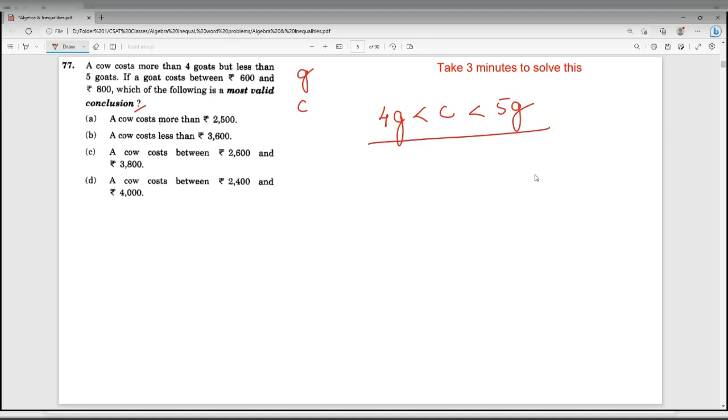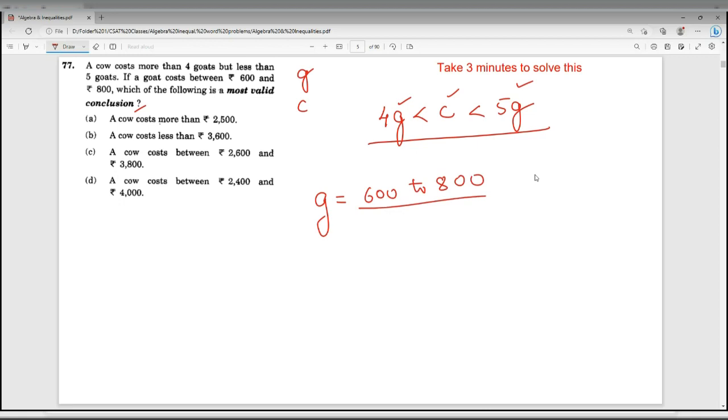Now we need to find the least value and the highest value of the cost of the cow. They're saying that the goat costs between 600 and 800, so G is equal to 600 to 800. This is the range of values.